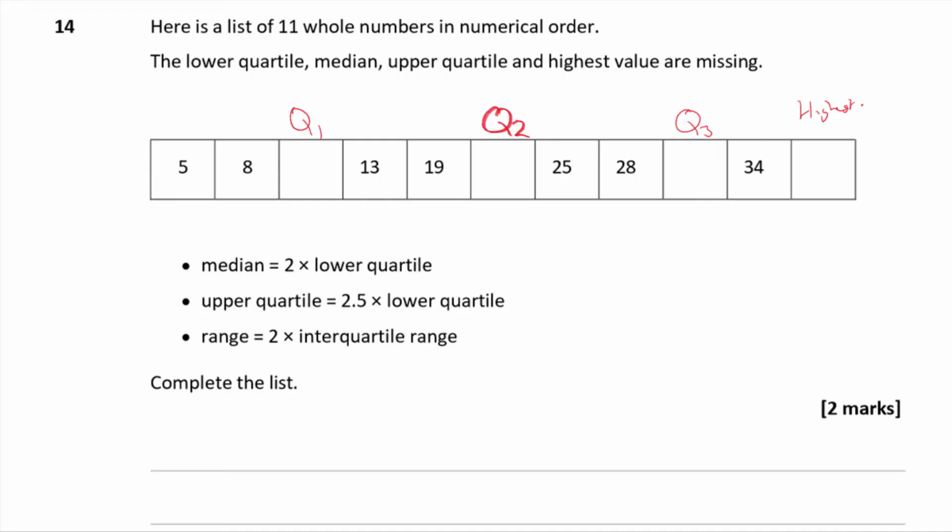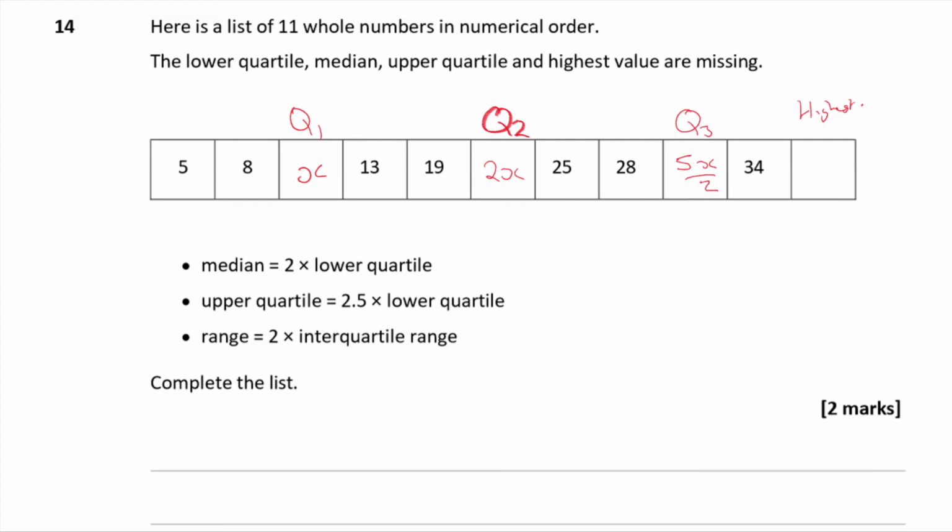So the median is 2 times the lower quartile, and the upper quartile is 2.5 times the lower quartile. So these two numbers are both given relative to the lower quartile. So if we call this one x, then the median is 2 lots of the lower quartile, so it's going to be 2x, and the upper quartile is going to be 2.5 lots of the lower quartile, or 5 halves of it. So that's 5x over 2, isn't it?